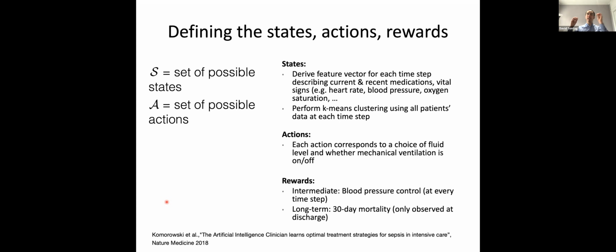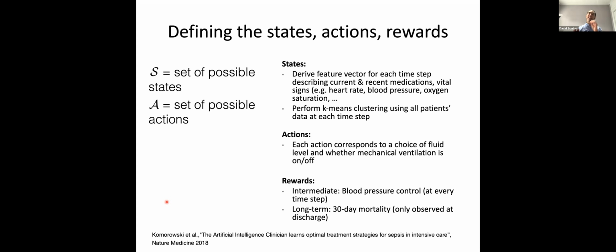So now one data point might correspond to patient 3 at time step 10, for example. And we're going to do now k-means clustering of all of those different continuous valued feature vectors. And what we get out are, let's say, 500 different clusters. And we're now going to define a set of states corresponding to 500 discrete states.